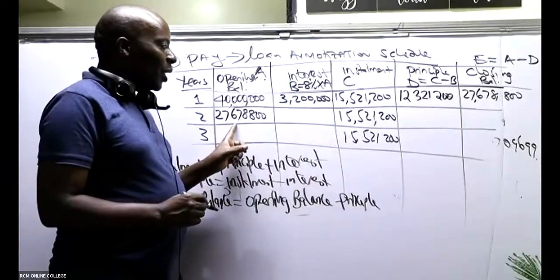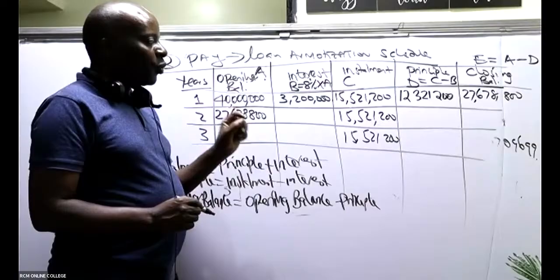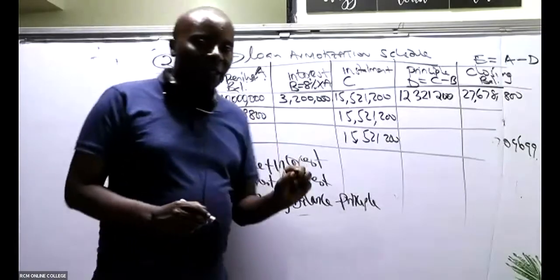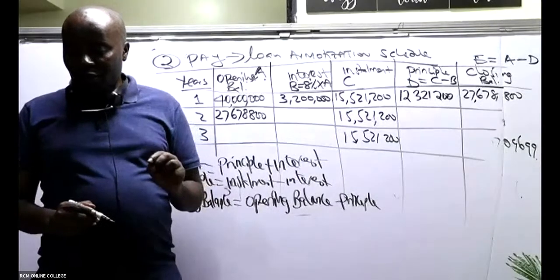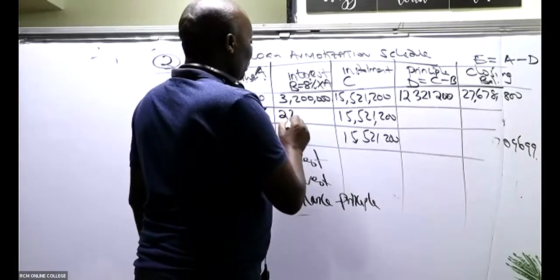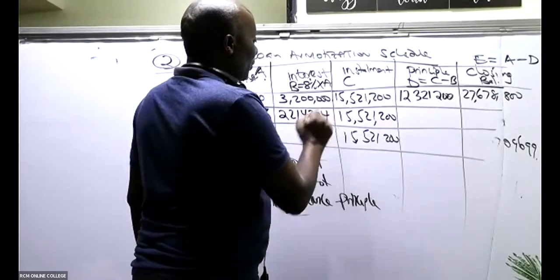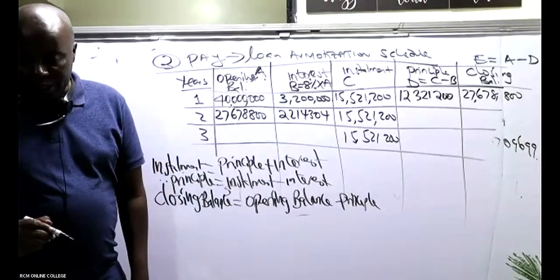So you take this one times 8%, because always interest will be levied on the opening balance. Thank you very much, Bivlin. So 2,214,304. Thank you so much.